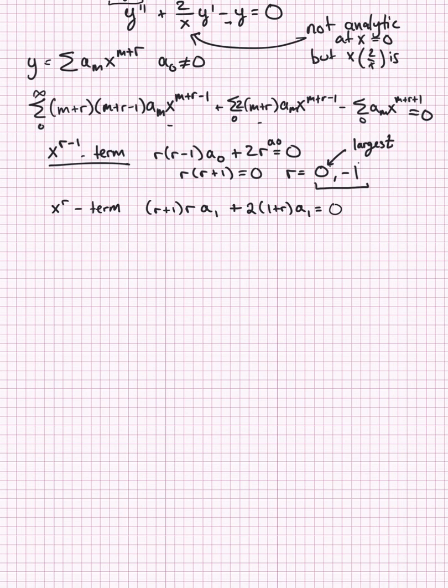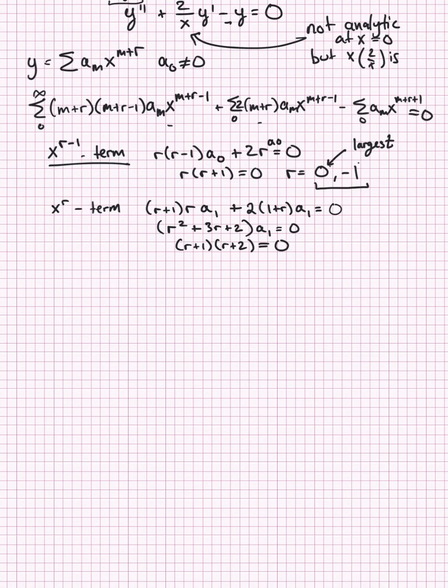So we get r squared plus 3r plus 2 times a1 is equal to 0. In other words, r plus 1 times r plus 2 is equal to 0.